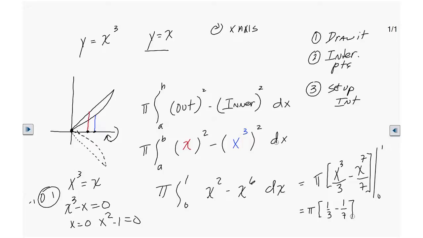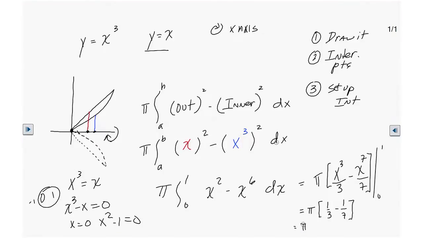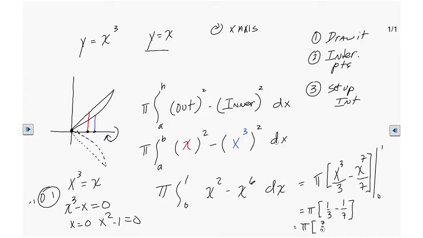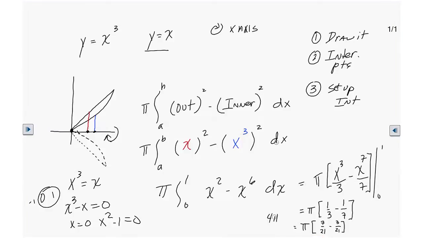And that's going to be 7 over 21 minus 3 over 21, which is 4 pi over 21. Somebody check my math.